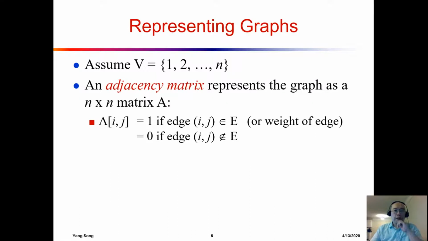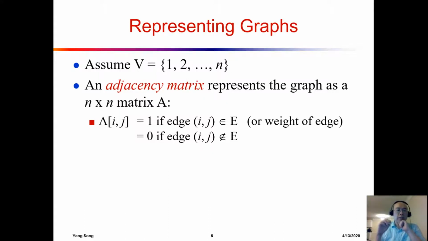Okay, and the next part, how do we represent a graph? Well, the first thing we can do is an adjacency matrix. For example, if we have the vertices 1, 2, 3, and all the way to n, so a total of n vertices, we can create an n by n matrix.